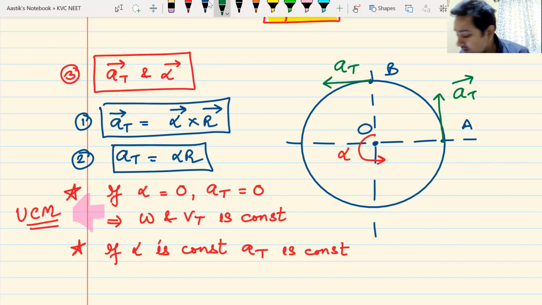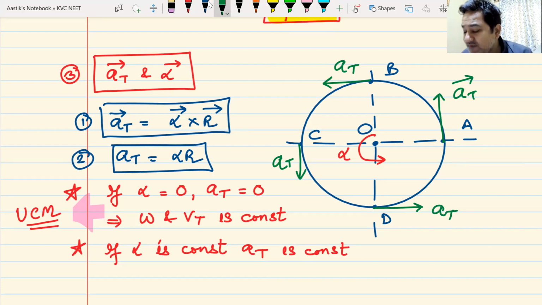I'm not talking about the direction here, I'm talking about the magnitudes. At point C, no prizes for guessing this, AT will be downwards. Magnitude remains same. At point D, again the magnitude remains same, but the direction is changing.